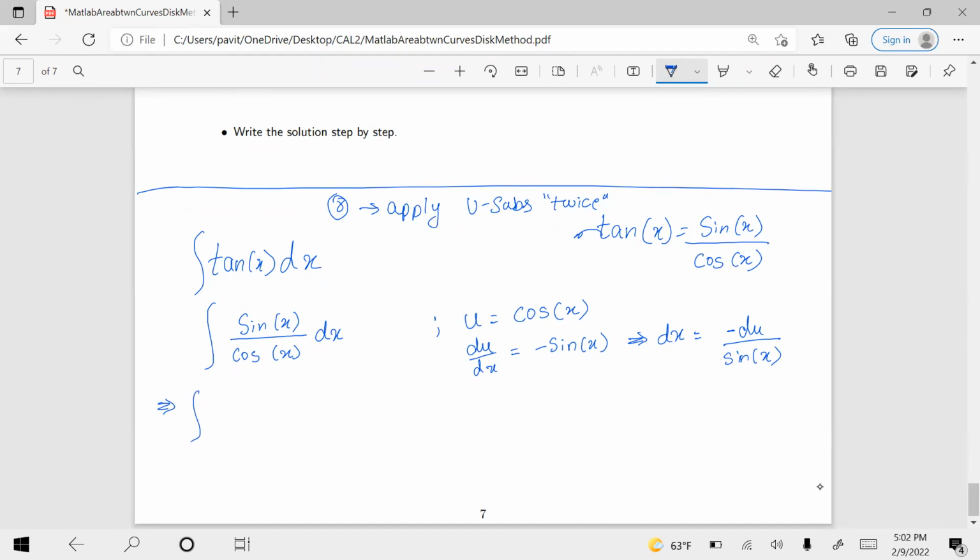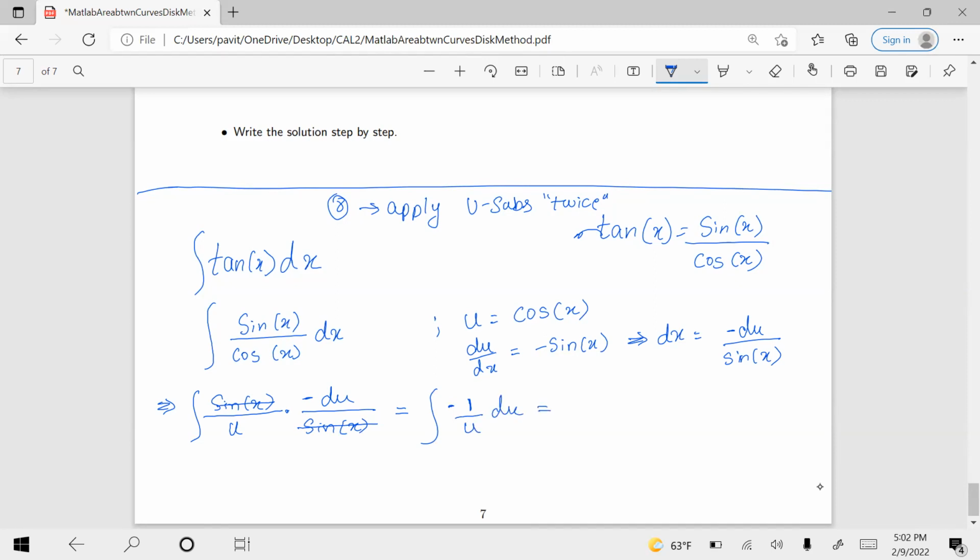Sine of x is not given, so I will keep that as it is. Sine of x divided by cos of x is u. dx is negative du divided by sine of x. Now I'm going to eliminate the sine of x here. That will be equal to integration of negative 1 over u du.